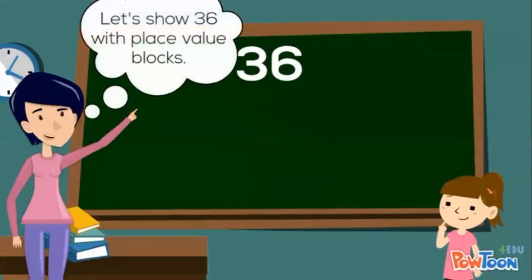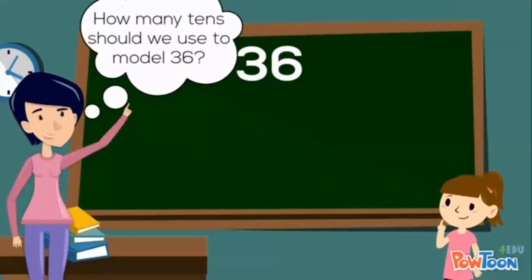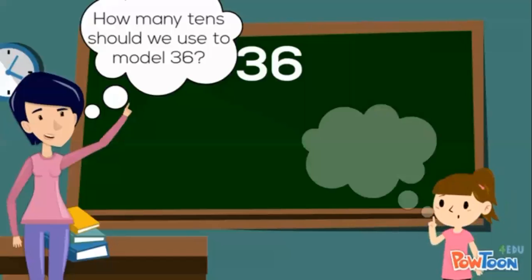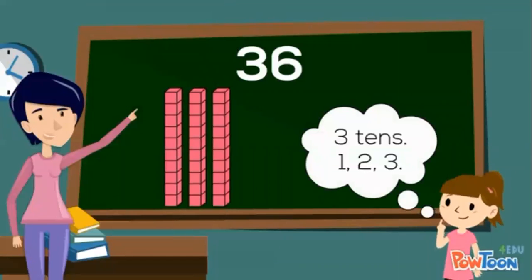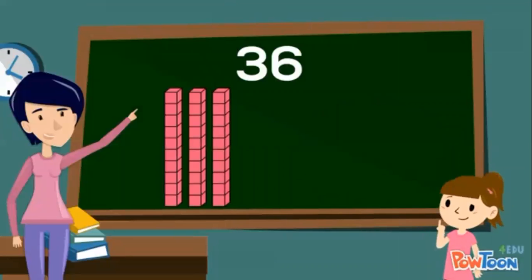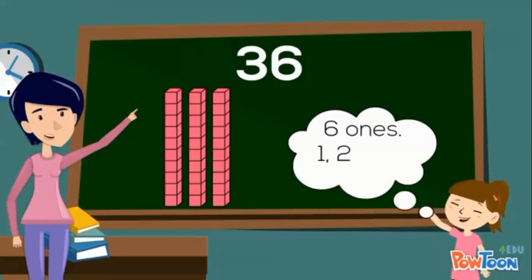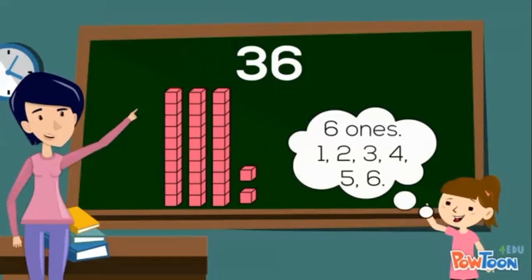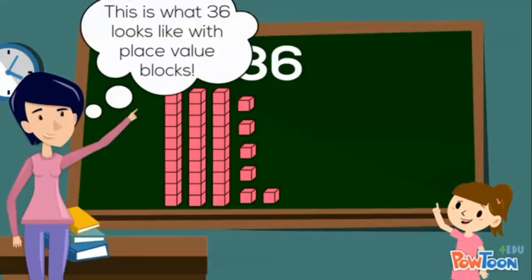Let's show 36 with place value blocks. How many tens should we use to model 36? 3 tens. 1, 2, 3. How many ones should we use? 6 ones. 1, 2, 3, 4, 5, 6. This is what 36 looks like with place value blocks.